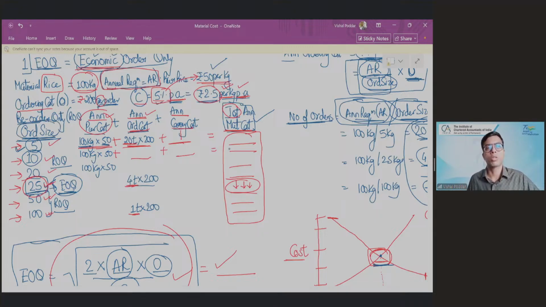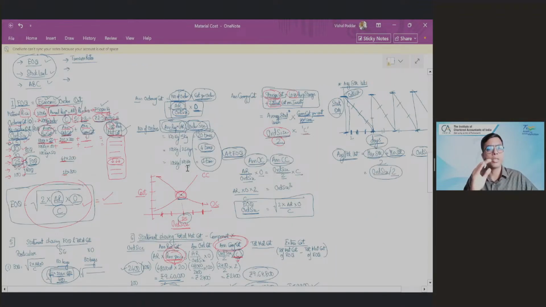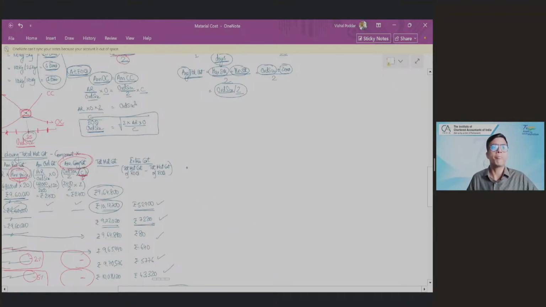We took all the possible order sizes, we calculated the three costs, we added up, we found out total cost. And at that time itself, I had called this the trial and error approach. And this is the approach which we are following in all sums. The difference is, in all sums, you are able to find out EOQ first and then compare it with all levels. Here in this sum, we are not able to find out EOQ in the first place. Why? Because of change in price.